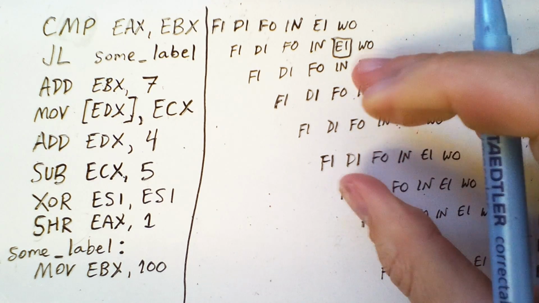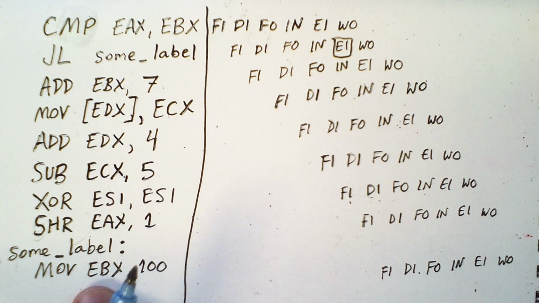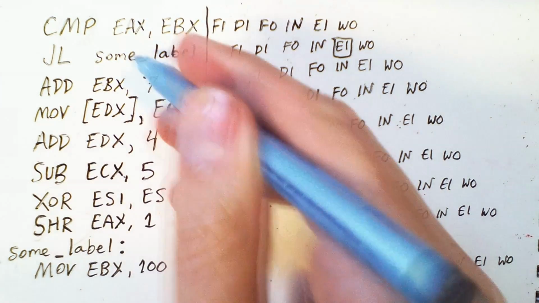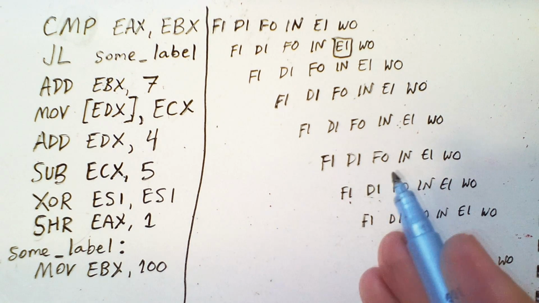And we can continue carrying out the rest of those instructions, even up to the point where we reach this instruction that comes after that jump label, which for this specific example, we're either going to do it here after those instructions or jump straight to it. So this is what happens if we don't do the jump.